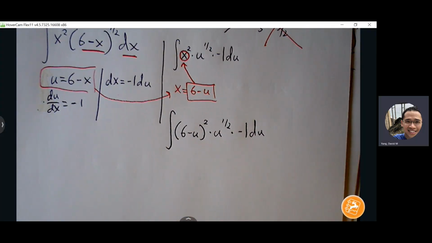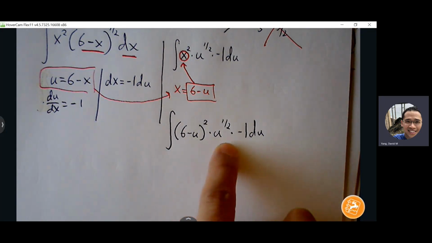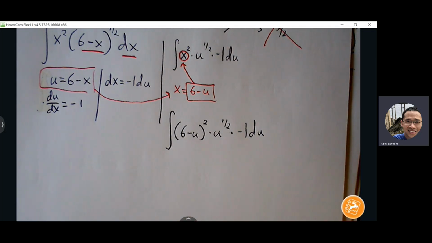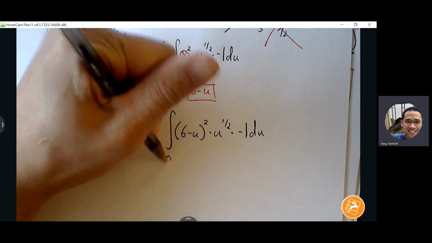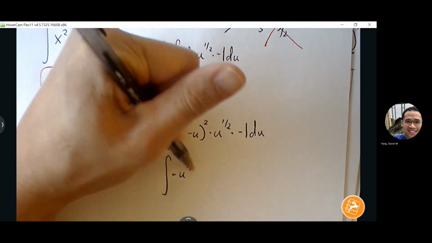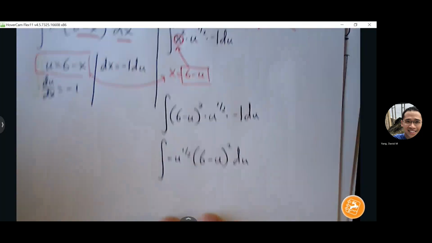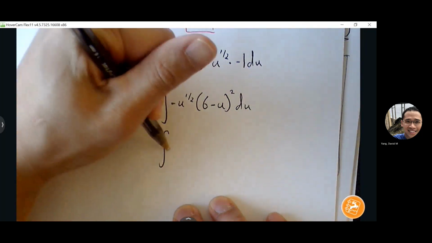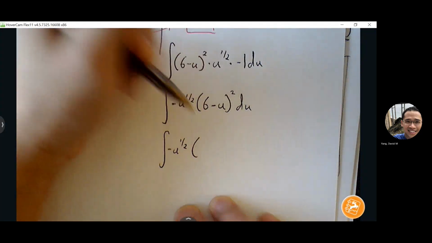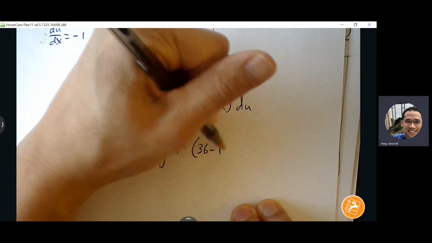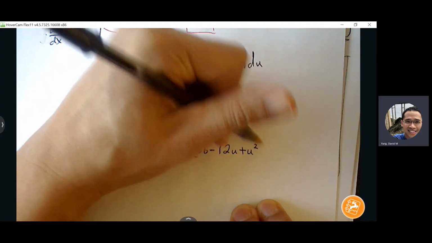Okay, so now we're still not ready for power rule, but at least we have a path towards it, right? If I take the time to FOIL this out, I can move these terms in the front. If I FOIL, I can distribute that negative u to the 1/2 through, and then power rule is available for us. So 6 minus u times 6 minus u is 36 minus 12u plus u squared.